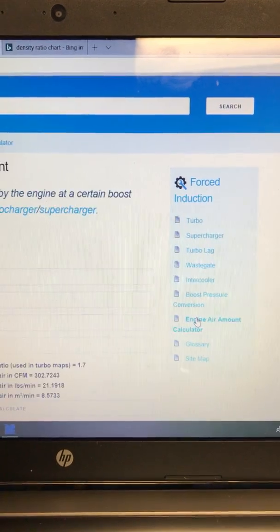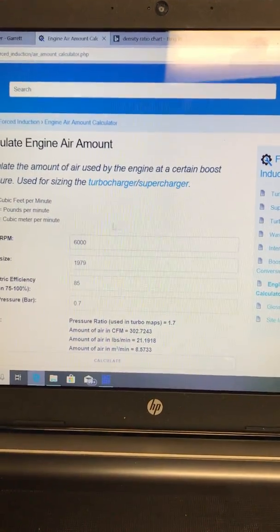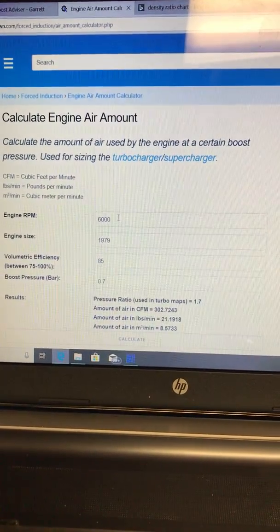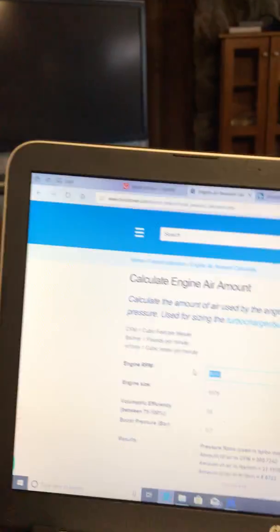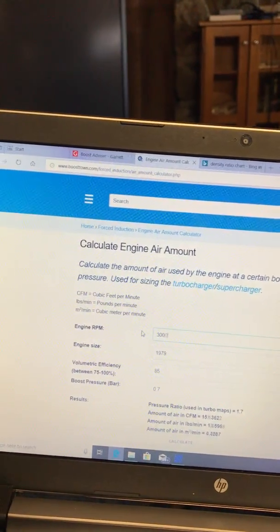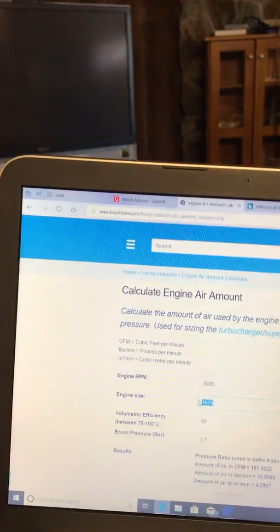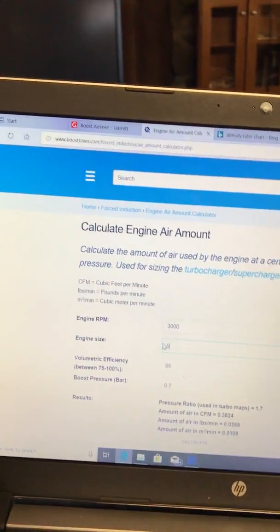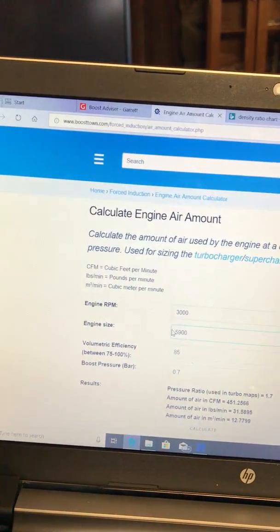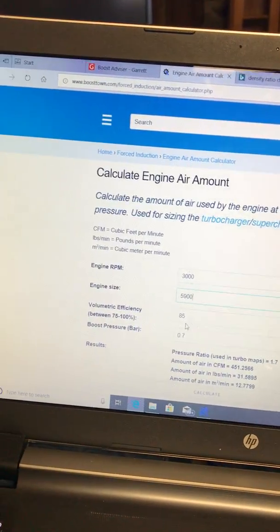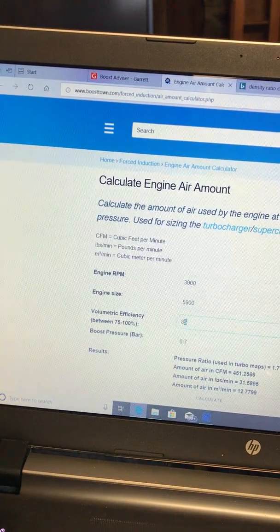I like that one. So basically you take your engine RPM, which we're using 3,000, your engine size, which in this case I guess they use cc's because you got to do 5,900 cc's for a 5.9. Volumetric efficiency, I always use 80.